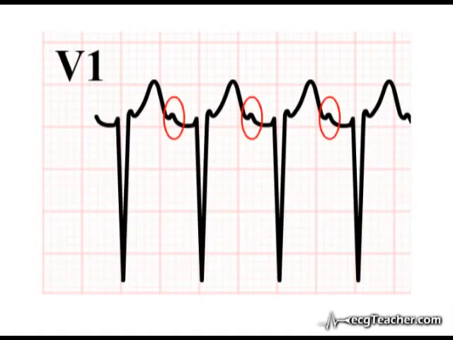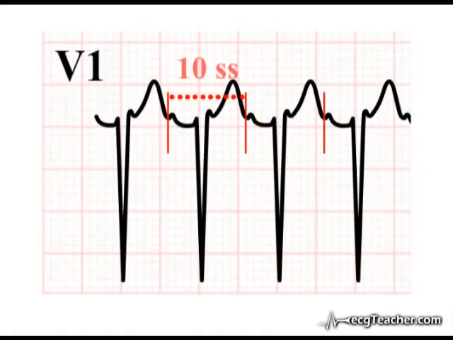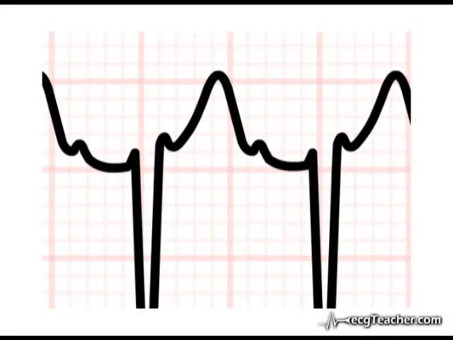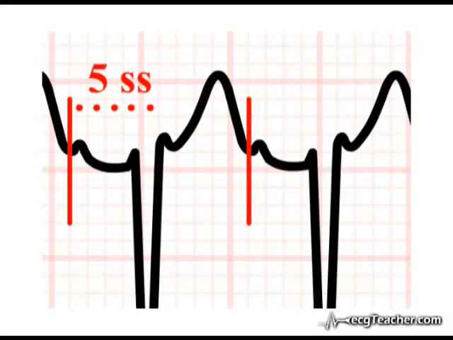These putative P-waves are present at intervals of 10 small squares, that is, at a rate of 150 per minute. So could this be a sinus tachycardia arising in response to hypoxia? It could be. However, closer analysis of the readout at a point exactly halfway between P waves shows this consistent distortion of the QRS complex.